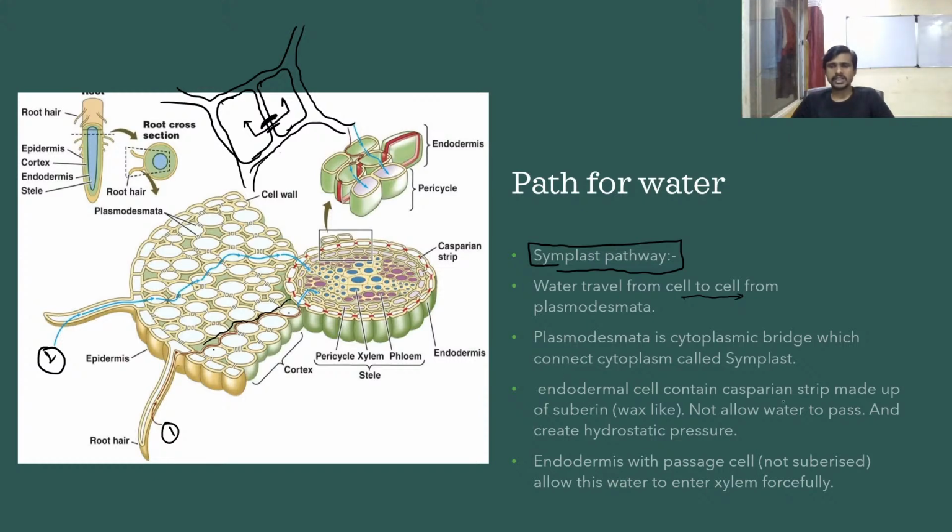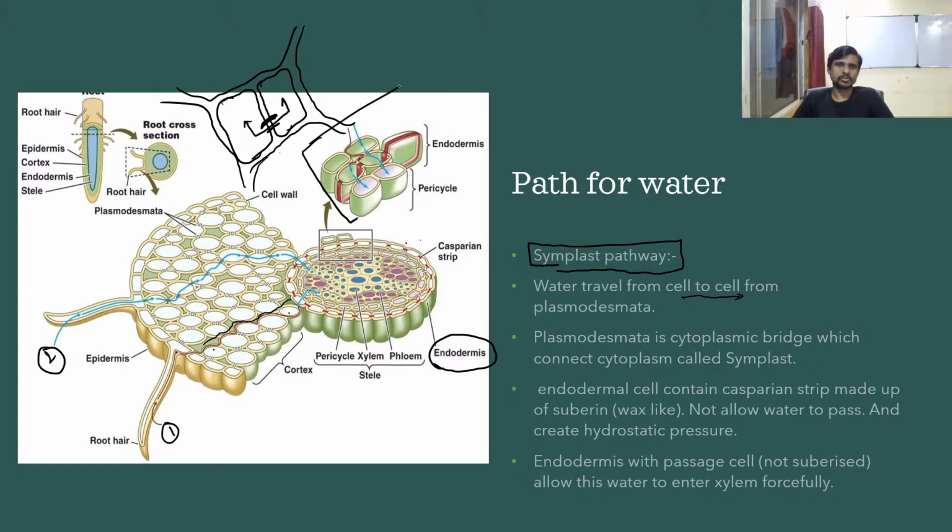Endodermal cells contain a Casparian strip made up of suberin. That's a wax-like structure. So here is your endodermal cell, and the part of the cell in the diagram shown by the red dotted line in the endodermis layer. You can see this part is zoomed in this diagram.